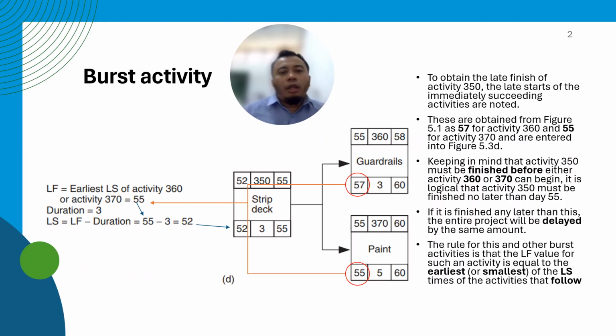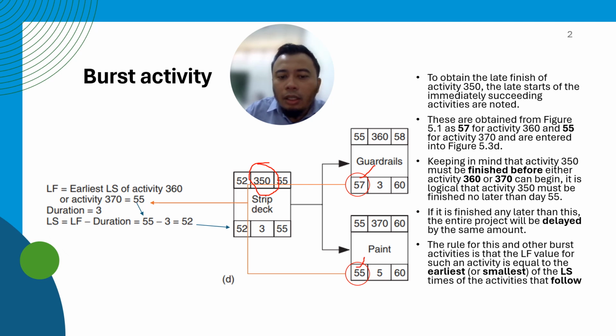Next, we take a look at burst activity. Burst activity, to obtain the late finish of activity 350 here. We have activity 350 here. The late start of the immediately succeeding activities are noted. These are obtained from figure 5.1 from the book if you want to do your own revision, as 57 for activity 360 here, the late start for the succeeding activity of guardrails, and 55 for the activity of painting 370.